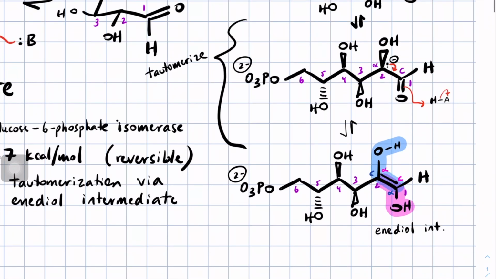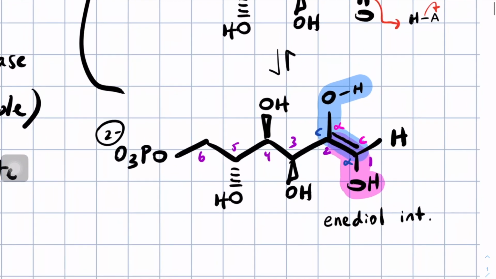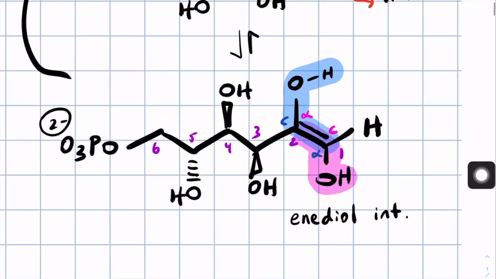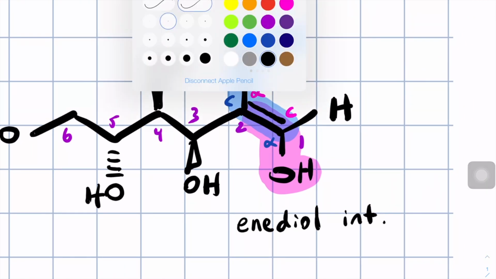But the interesting thing about the enediol intermediate, as I said, is it's two enols rolled up into one, and it's very easy to make the new pi bond between blue oxygen and blue carbon rather than between pink oxygen and pink carbon. So let's show you how that mechanism works.